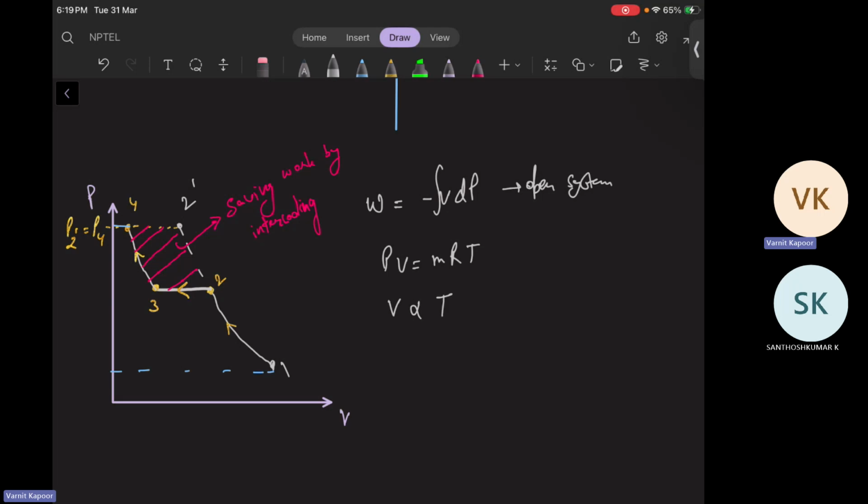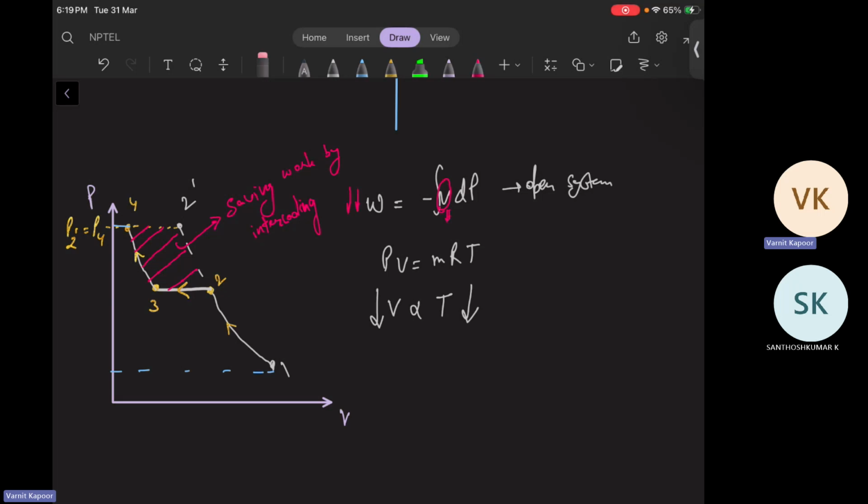And when you are doing the intercooling, basically you are decreasing the temperature. That means you are decreasing your volume. So by intercooling, you are decreasing this term. So your work net is also decreasing.